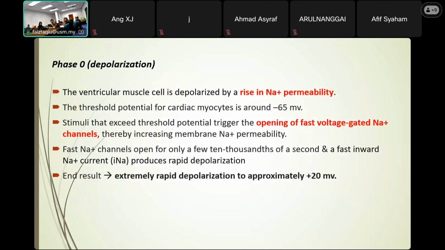So the threshold potential for the cardiac myocyte is around -65. So from -95 or -90, we go to -65 or -60, which is the threshold potential. Once the threshold potential is reached, there's an opening of fast voltage-gated sodium channels.